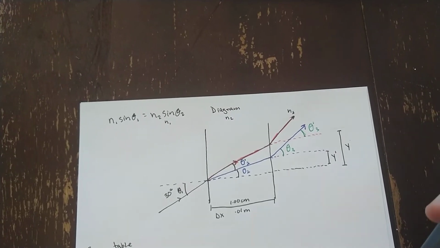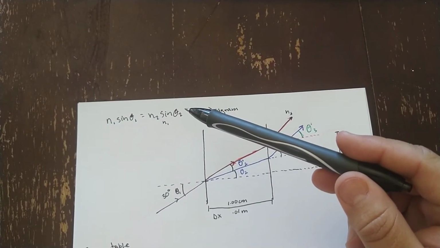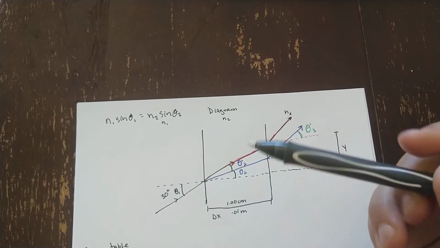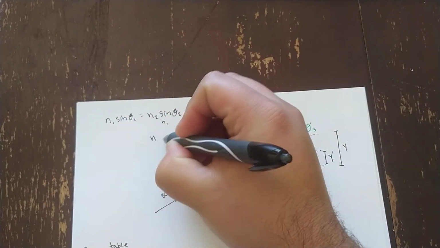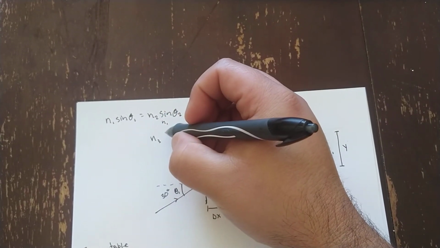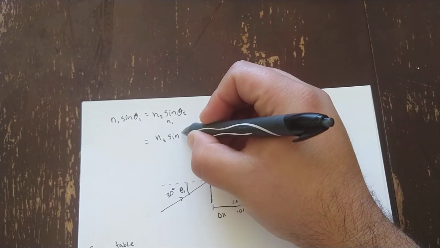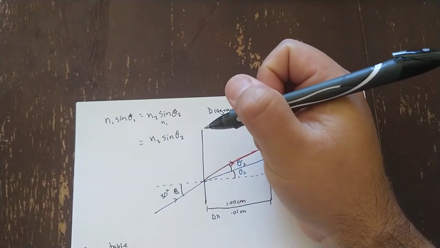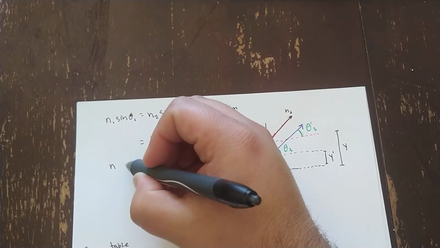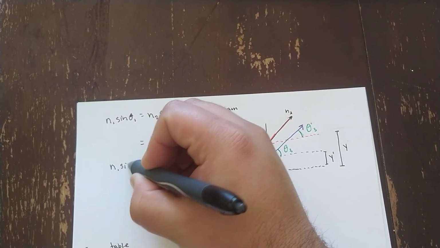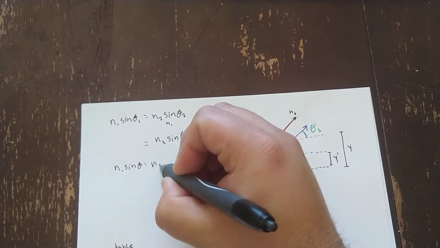Now, recall that we wrote down our equation: N1 sine theta 1 equals N2 sine theta 2. But since we're dealing with multiple transitioning surfaces, that same expression is also going to equal N3 sine theta 3. So knowing that, we know that N1 sine theta 1 is the same as this, but we're just going to restate it.